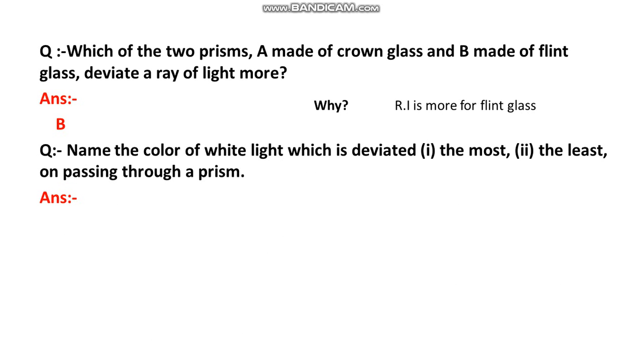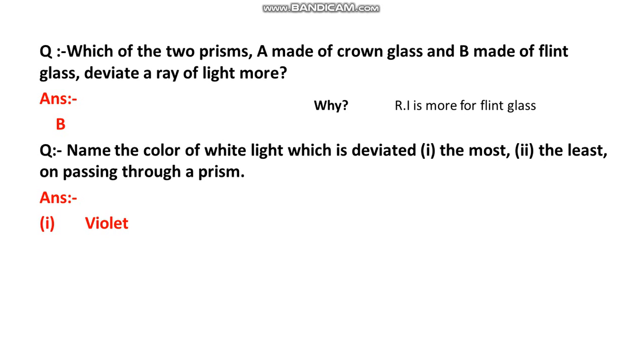Next question. Name the color of white light which is deviated the most, and the least, on passing through the prism. The first answer is violet. Deviation depends upon the refractive index of the medium and the color of light also, right?